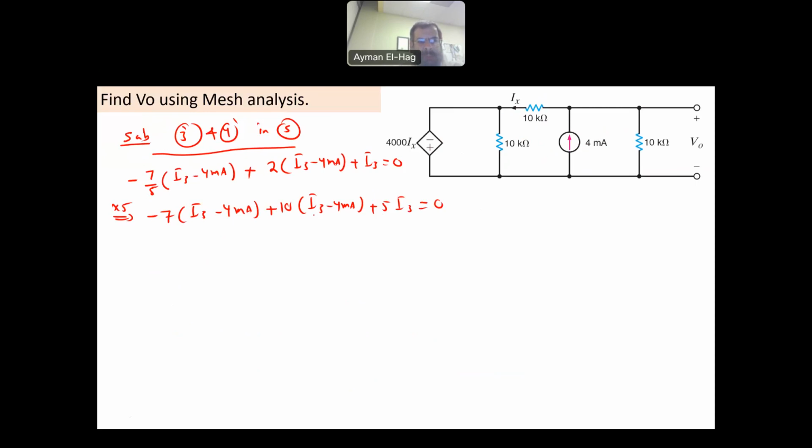Let me collect: 10 plus 5, 15, minus 7 gives 8 I3, and the constants are minus 7 times minus 4 which is plus 28, minus 40, plus 5, so this will be equal to 12. From this, I3 equals 12 divided by 8, which is 1.5 milliamps.